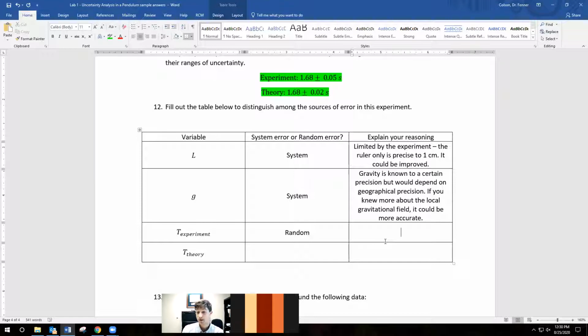It's random because when you're making the measurement by hand, you can't improve your reflexes beyond a certain point, and beyond that point, it's fair to assume that your ability to be consistent is essentially random.